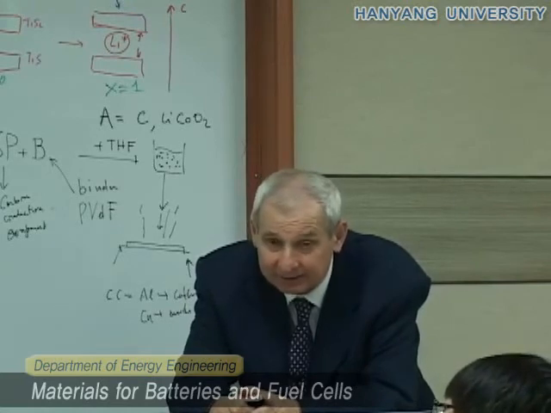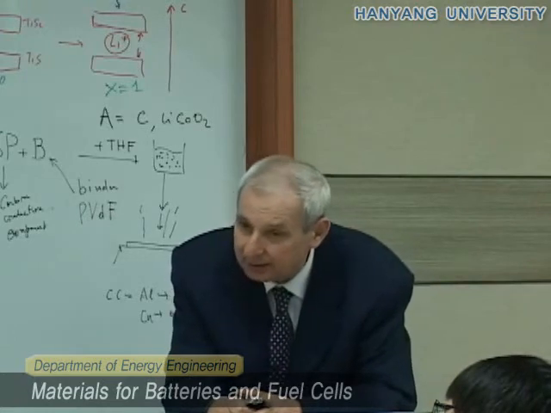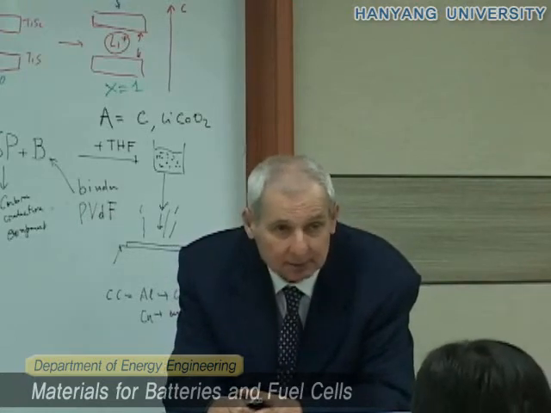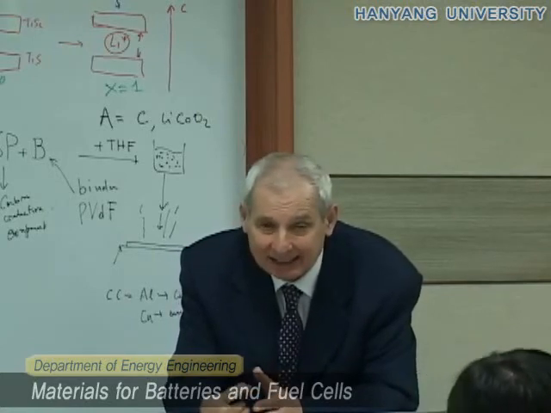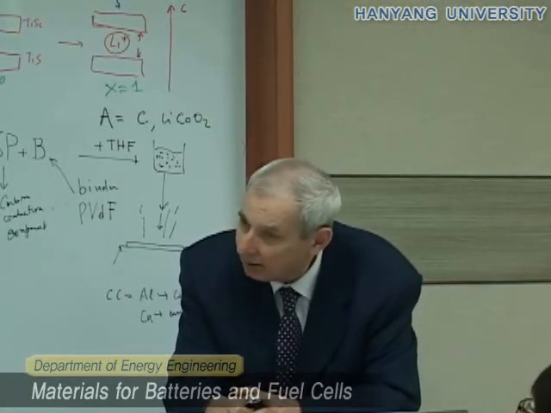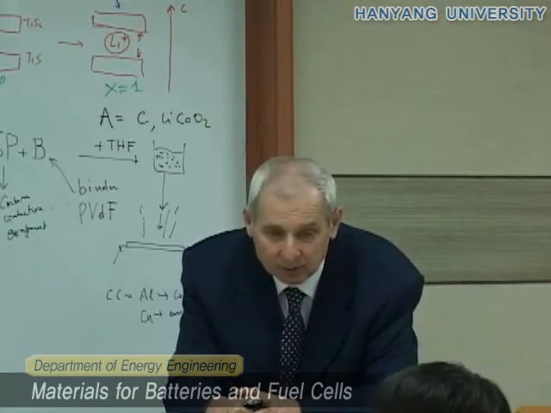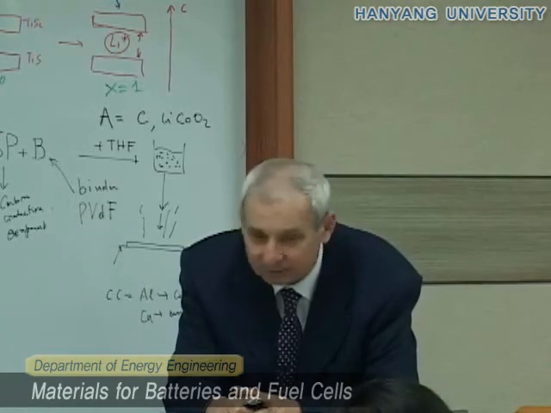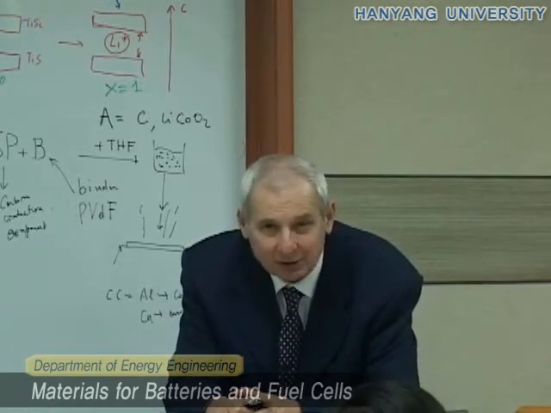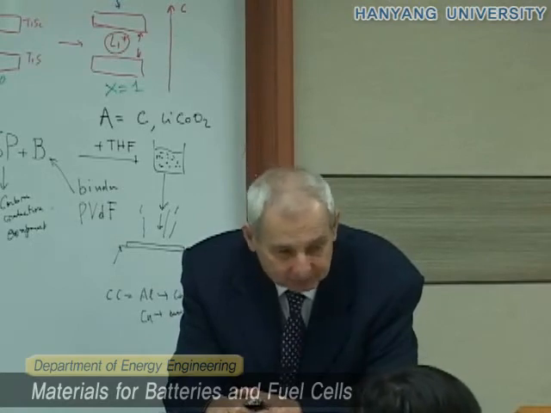In fact, the first automobiles built at the beginning of the last century were electric, because this makes sense. But then about 1910, 1912, oil started to come over, and the cost was very low, so all the cars changed from electric to combustion. But now the oil is very expensive, very polluting, so we want to go back.